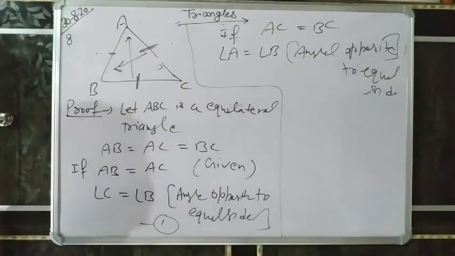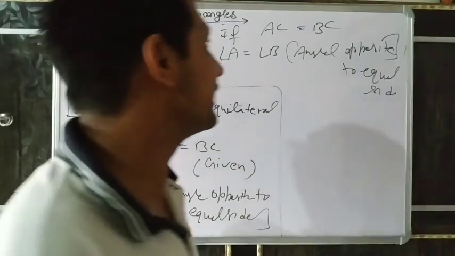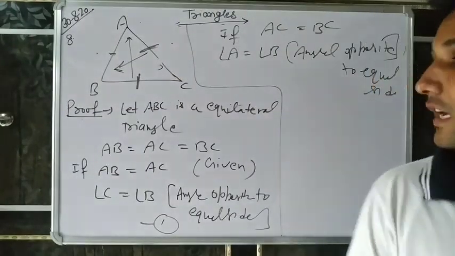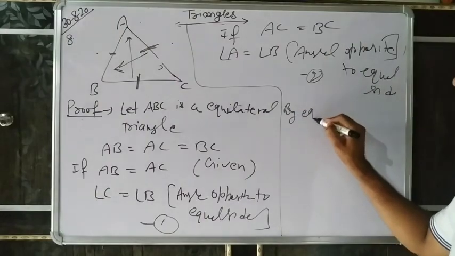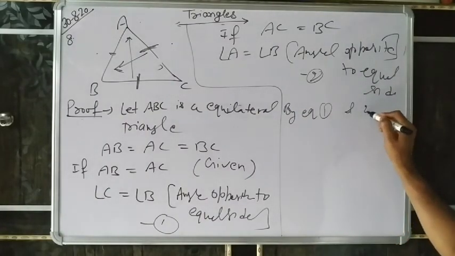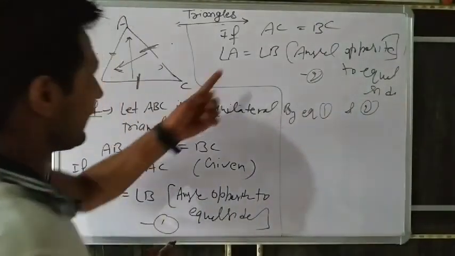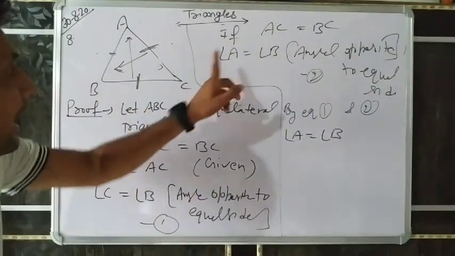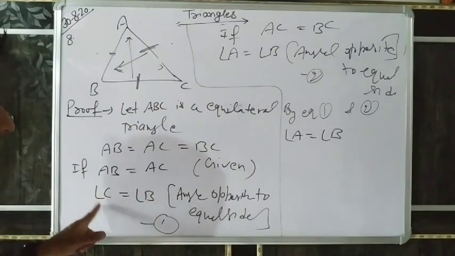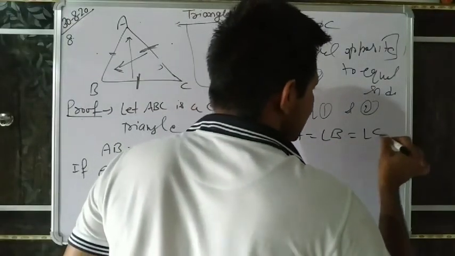Now what we can write? What we want to prove is that each angle is 60 degree. Yes, each angle is equal, it is equation 2. So what we write? By equation 1 and 2, angle A equal to B, it is given, angle A equal to B and angle B equal to C. So each angle is equal.